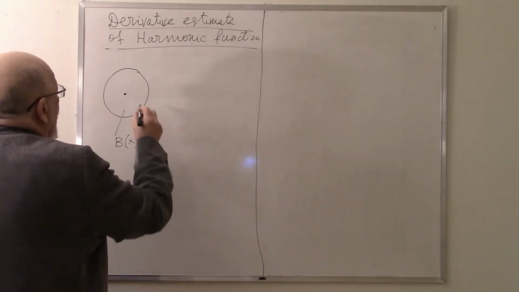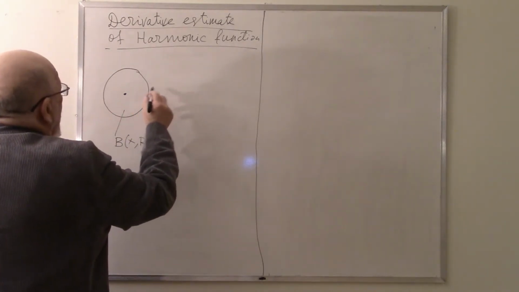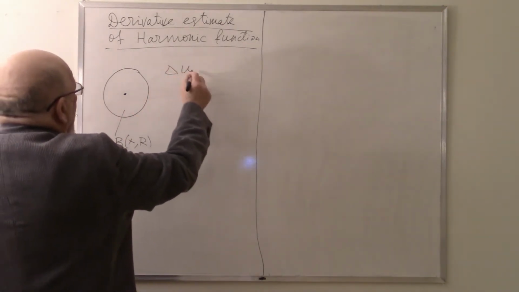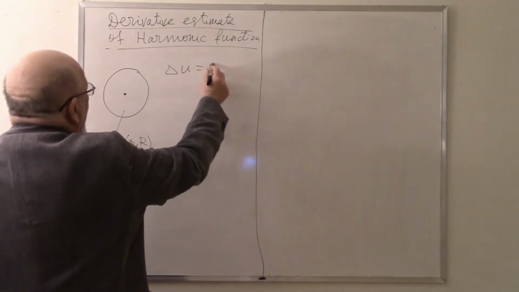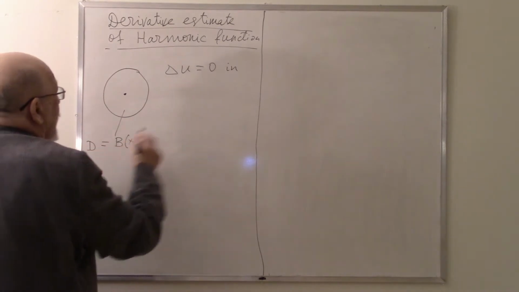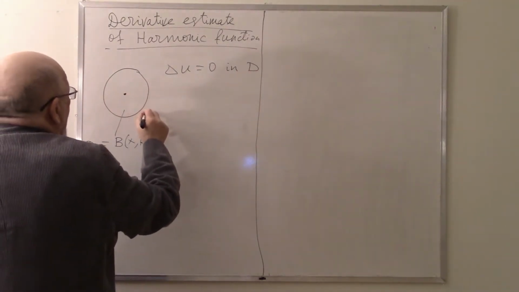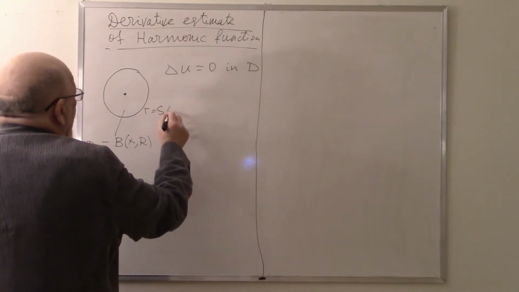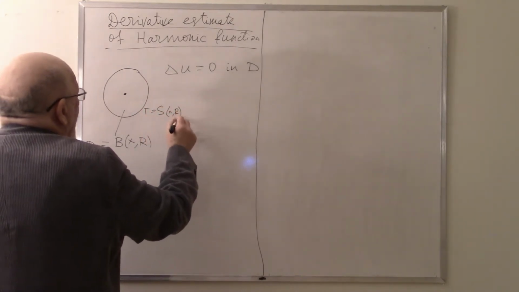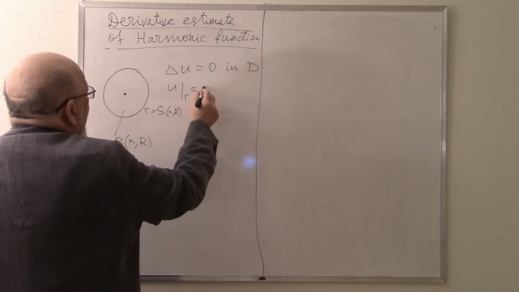And I wanted to find the function which satisfies delta u equals 0 in D, with boundary gamma equals S(x, r), and u on gamma equals g.